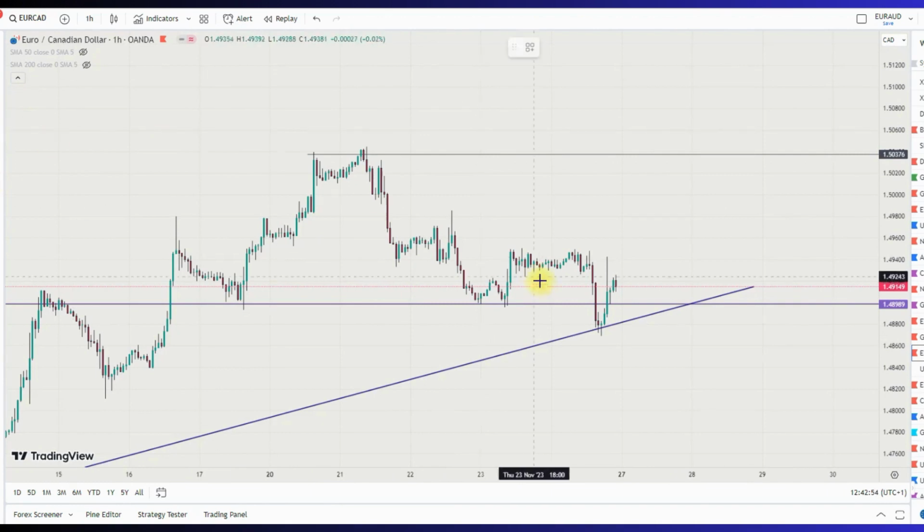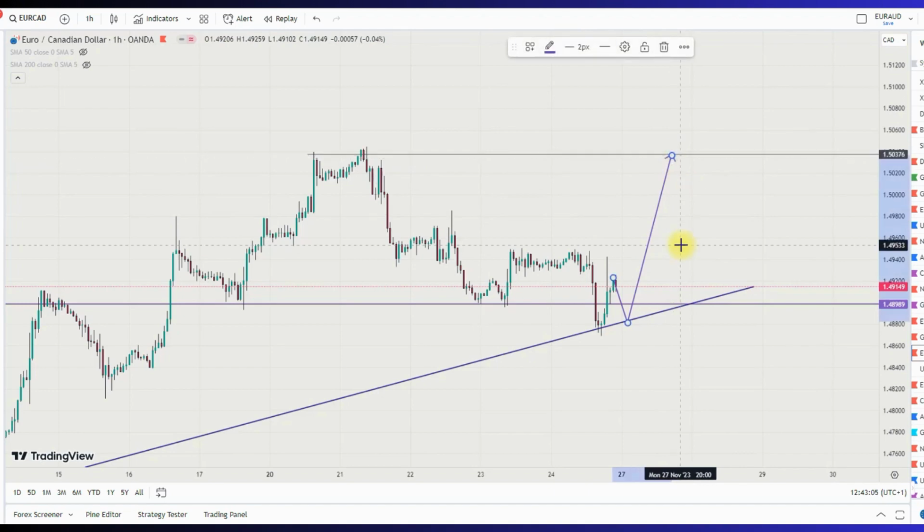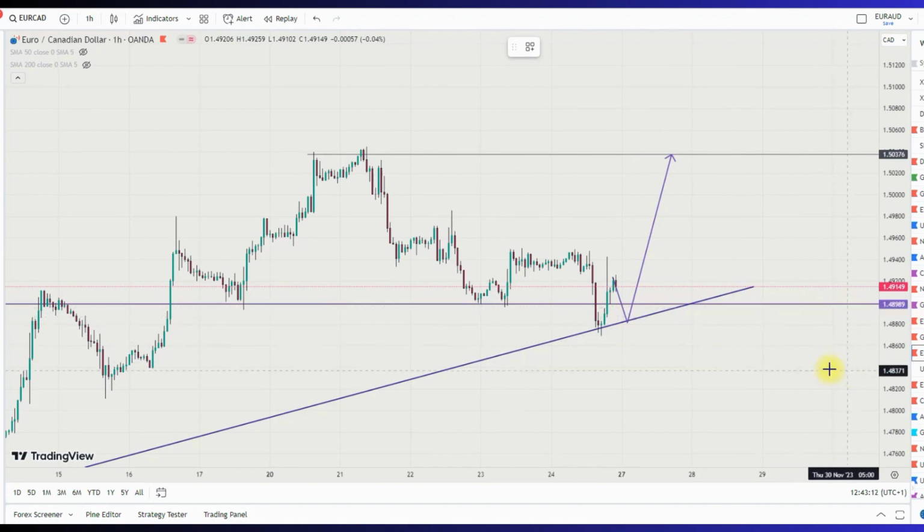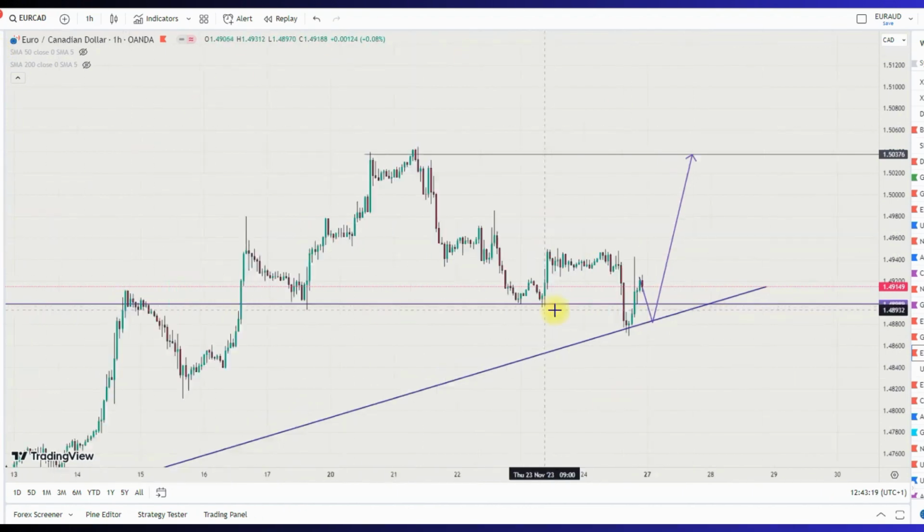What I'm looking at here is for price to come and retest this area and then move to 1.50376. But if you see price closing below this area, below 1.48989, just pend the buy position you have on Euro Canadian dollar.